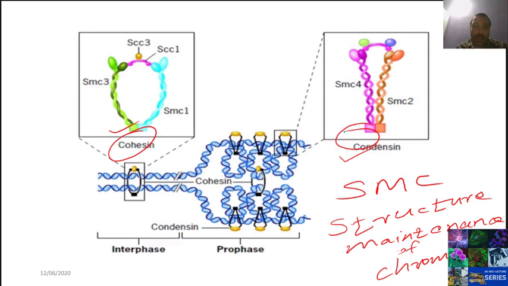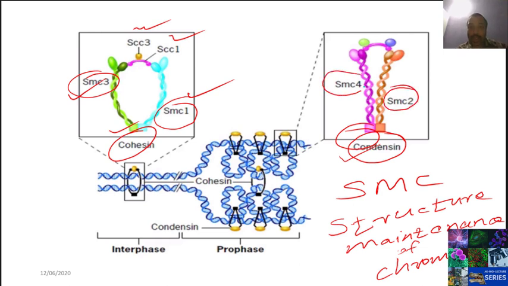From the picture itself, you can understand that these are multi-subunit proteins. Cohesin is made up of 4 subunits, that is SMC1, SMC3, SCC1, SCC3, while condensin is made up of 2 major subunits, that is SMC2 and SMC4.